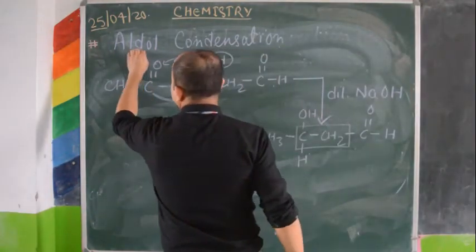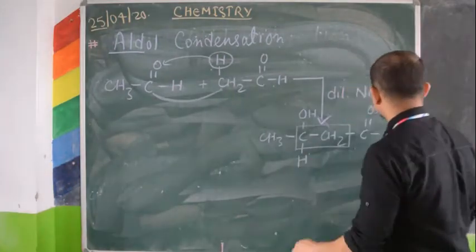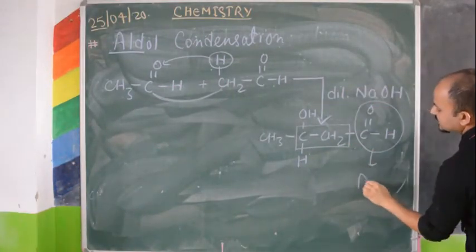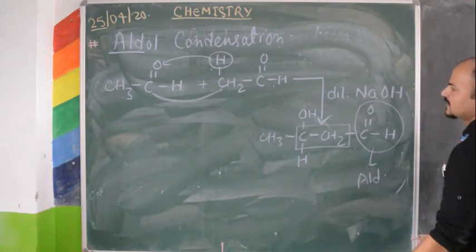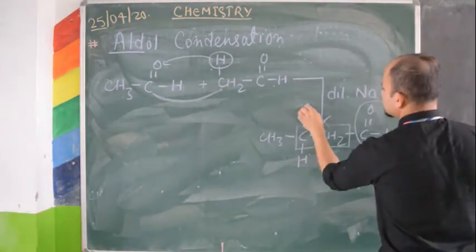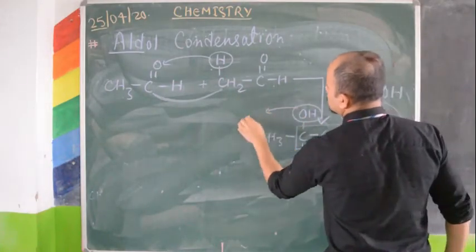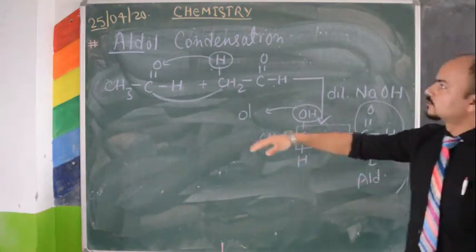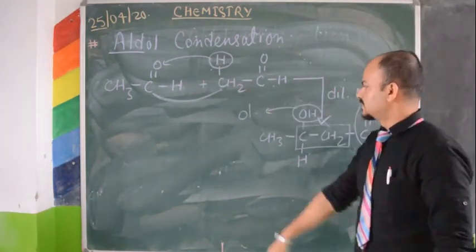Because see, Ald means aldehyde. So here in this compound you have aldehyde group. This is aldehyde group, Ald, and OL means alcohol. In the same compound we have OH also, alcohol. Therefore, this reaction is known as aldol condensation.